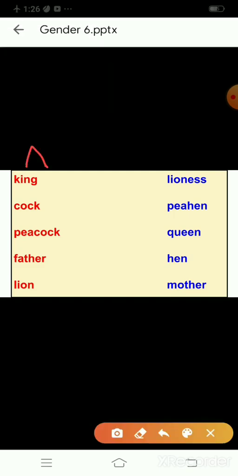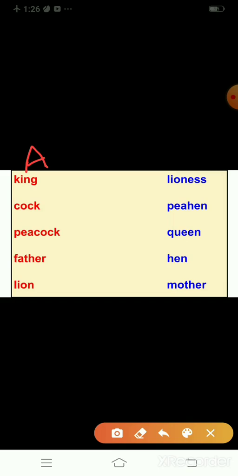So what is the first word in the A column? Again I'll write A column and B column. King. So what will be the feminine gender for king? Correct. King, queen.